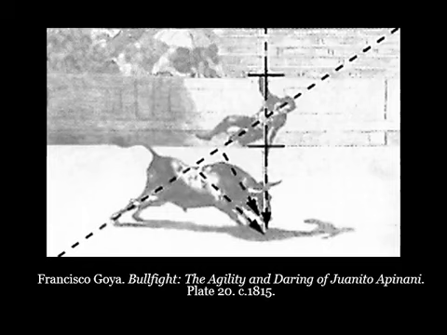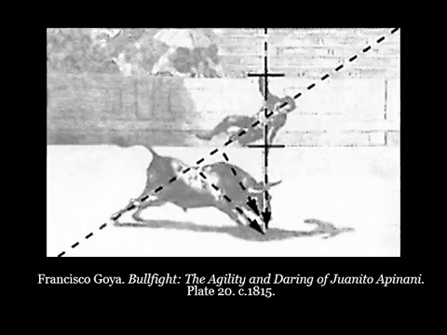Goya has also balanced the hard diagonal line with another set of two diagonal lines that run from the bull's feet up to its back, creating perpendicular lines to the initial diagonal.